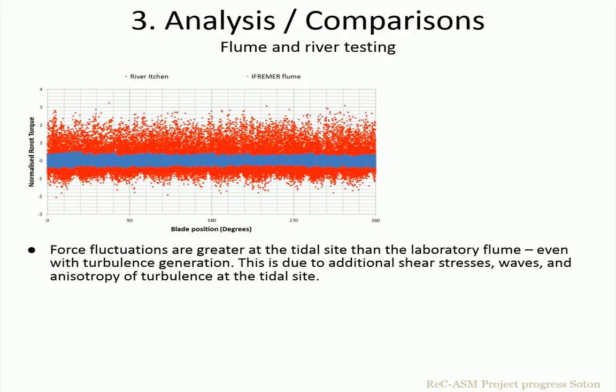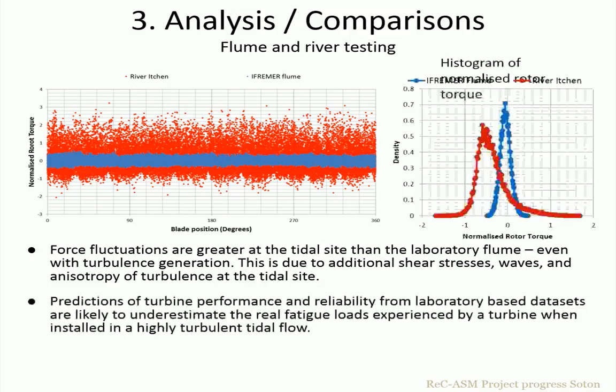You can see this figure here is showing the rotor torque, and it's showing it with blade position from 0 to 360. So the red data is from the River Itchen, and the blue data is from the flume. So you can see there's a huge difference in variation in force.